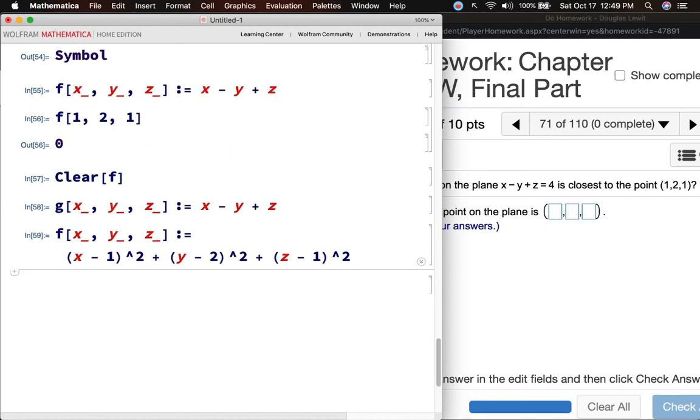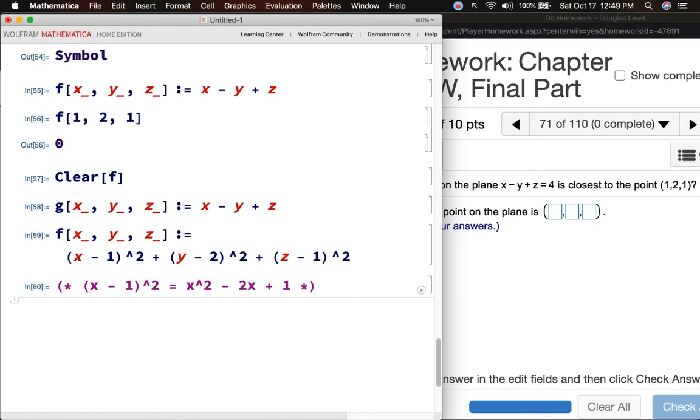So what is the derivative of f with respect to x? Now remember, if you're looking at x, you can ignore the y's and the z's. So think about this. What happens when you expand x minus 1 squared? You're going to end up with x squared minus 2x plus 1.